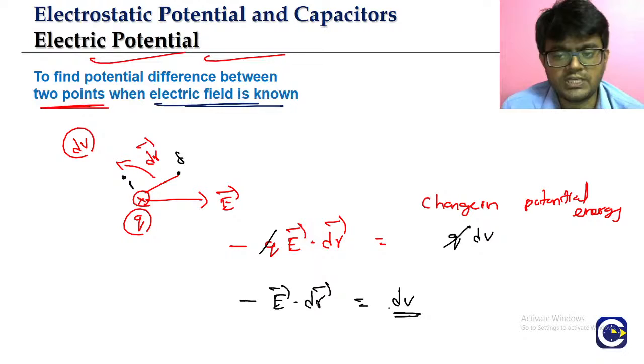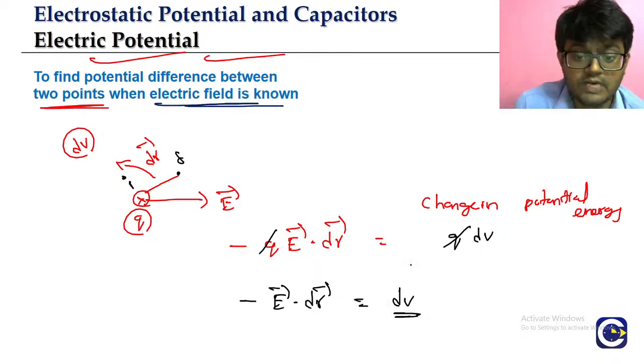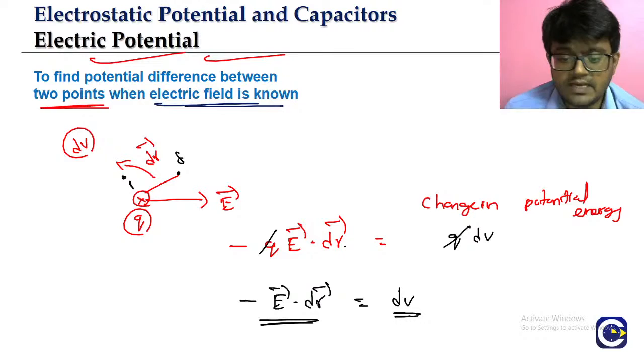The small potential difference will be equal to minus E bar dot dr bar.